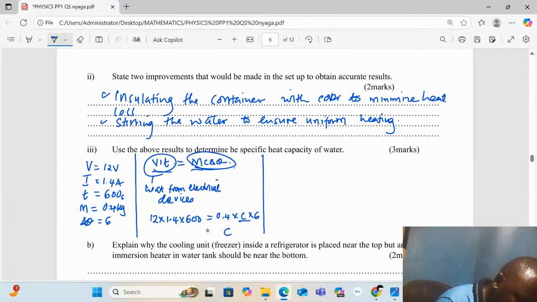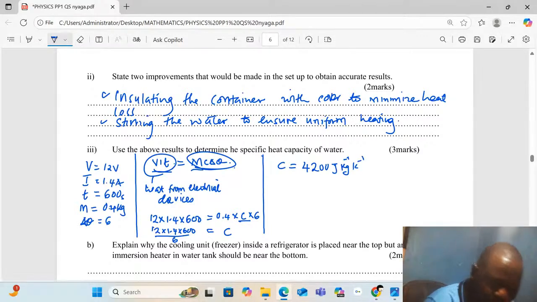So C becomes 12 times 1.4 times 600 divided by 0.4 times 6. From the calculation, C comes to 4,200 joules per kg per Kelvin. So that is our working.